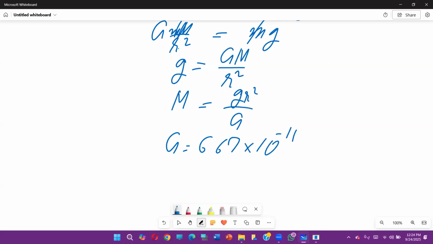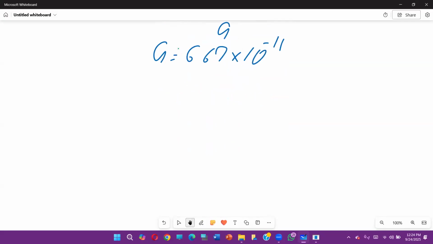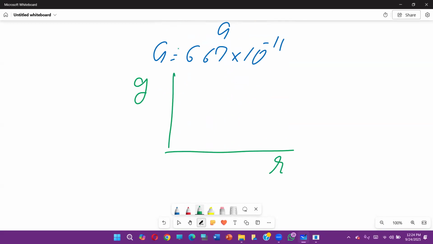Minus 11. It's basically the constant of universal gravitation. Now, I also want to remind you of the sketch here: if I put G here and R here, will it be a curve like this? Yes. So what it means is that G and separation are inversely related.